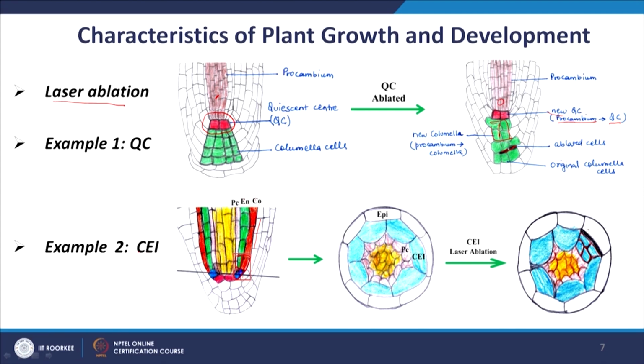But what is important here is that if you laser ablate this CEI, the cells in the inner pericycle layer get pushed in and take the place of the CEI.